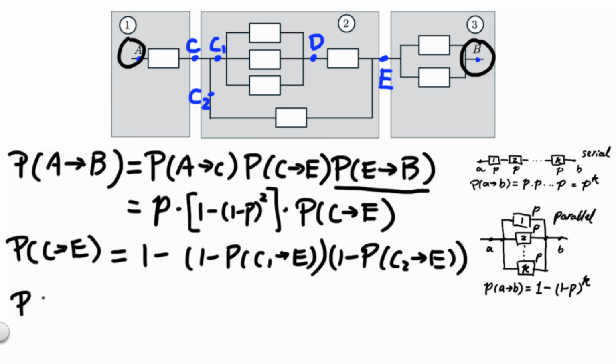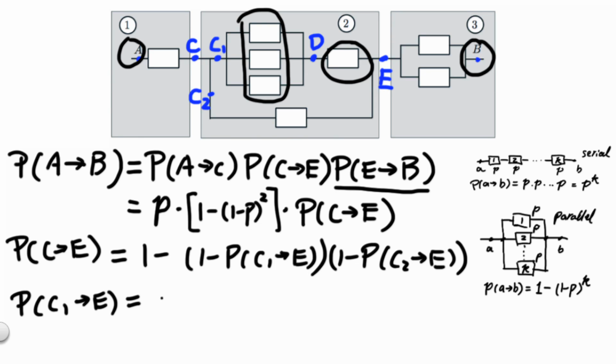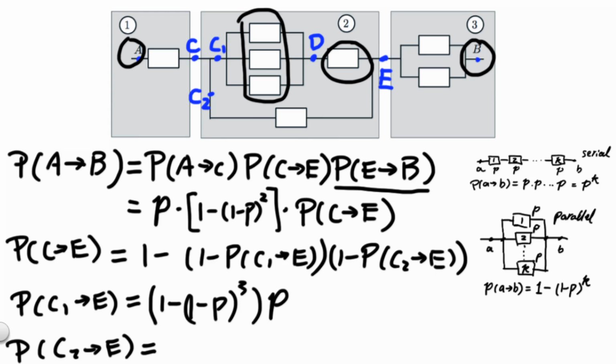Now, P of C1 to E is another serial connection of these three elements here with another component. So the first three elements are connected in parallel, and we know the probability of that being successful is 1 minus (1 minus p) cubed, and the last one is p. And finally, P of C2 to E is just a single element component with the probability of being successful being p.